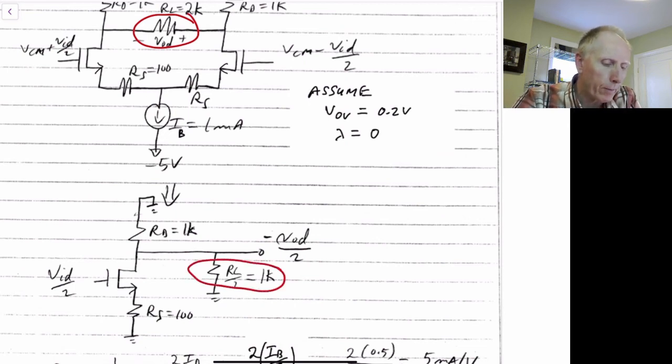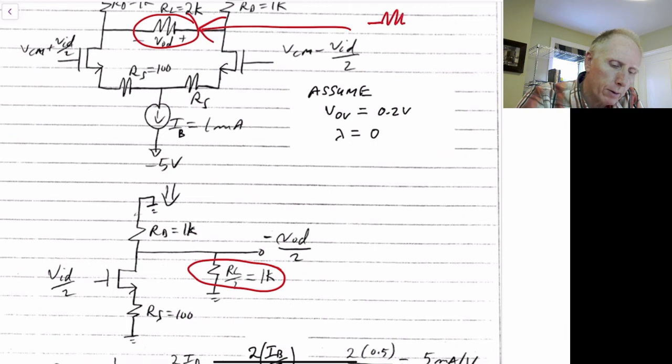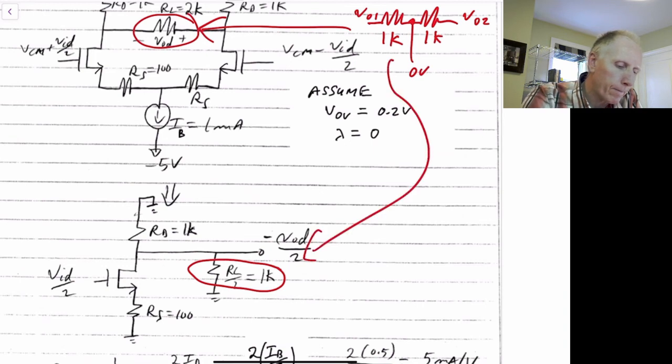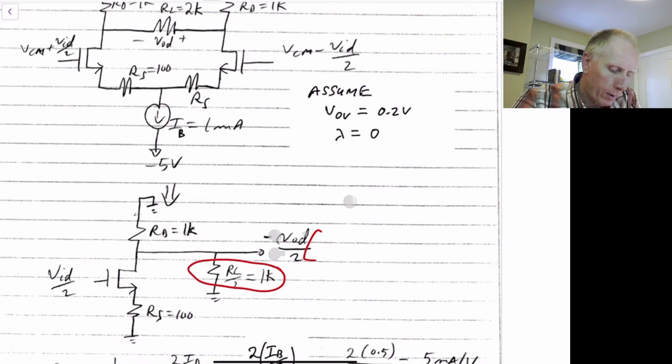So in other words, we've just split this resistor and thought of it as two 1K resistors, and this point here becoming 0 volts, because this becomes a V out 2 and V out 1. So one goes up while the other one goes down, so the middle doesn't change. So we take just one side of this, and put it over here.